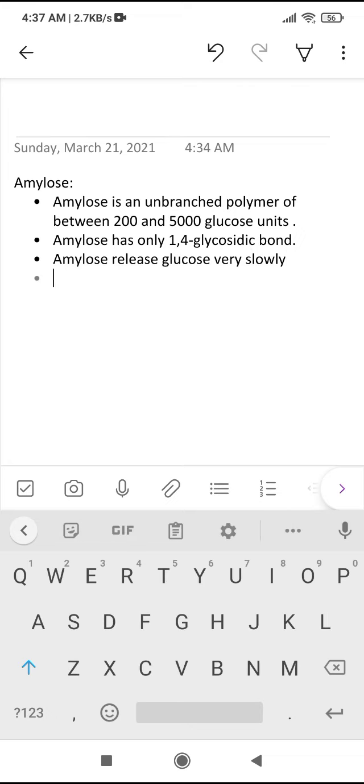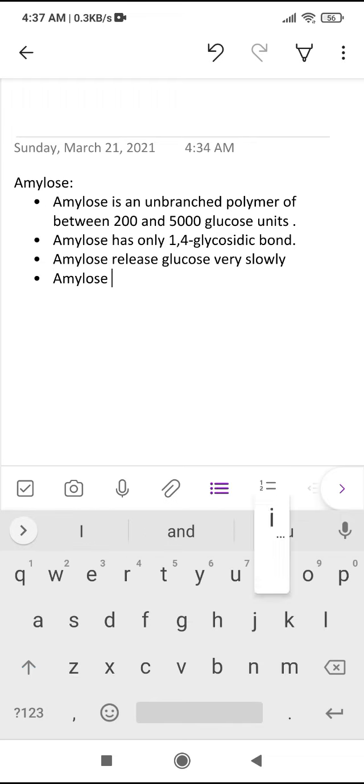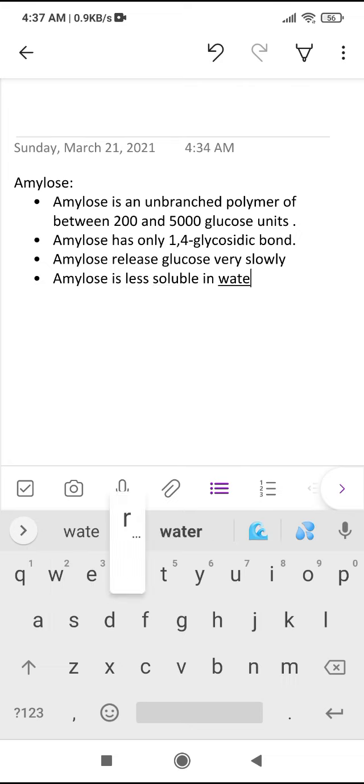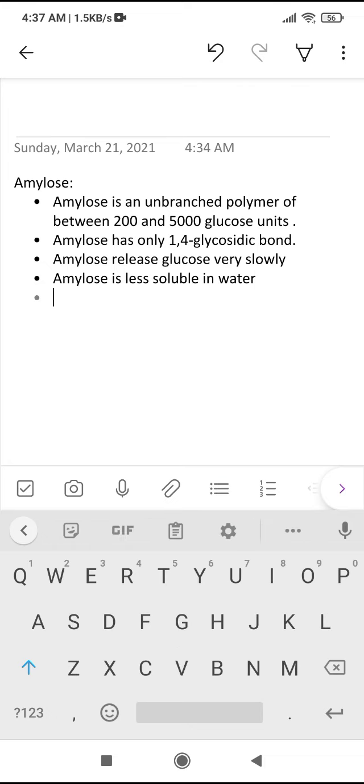Number four, amylose is less soluble in water.